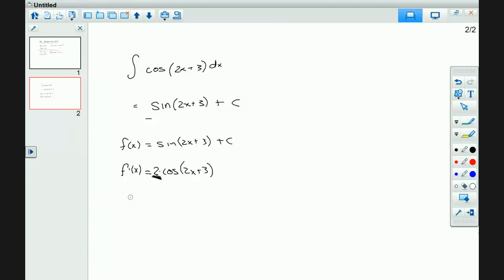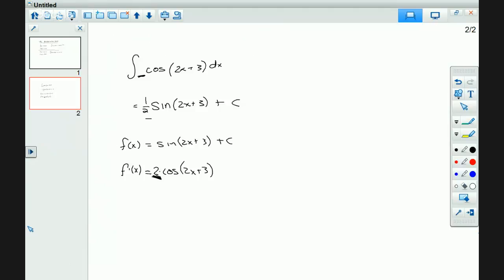See that? How do I deal with it right here? You have to put a 1/2 out here. See if I have a 1/2 out here, when I multiply by 2, what does that become? The number I need.